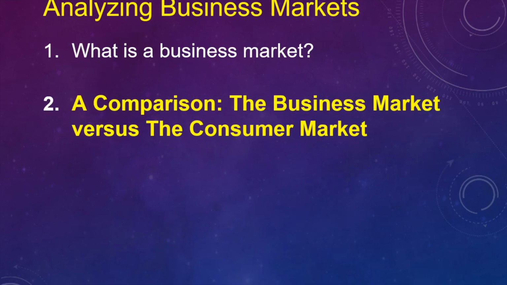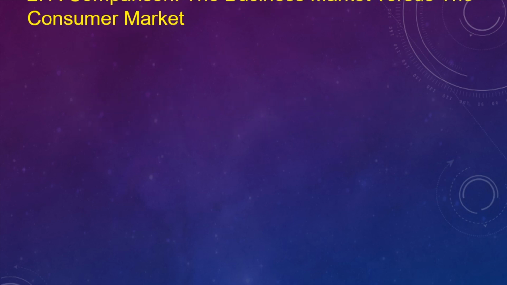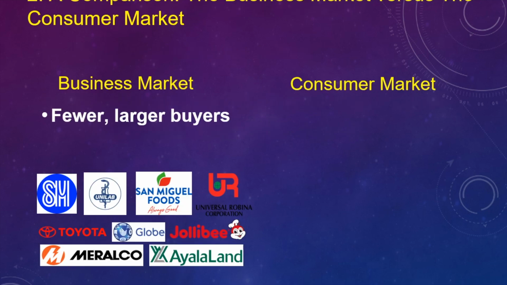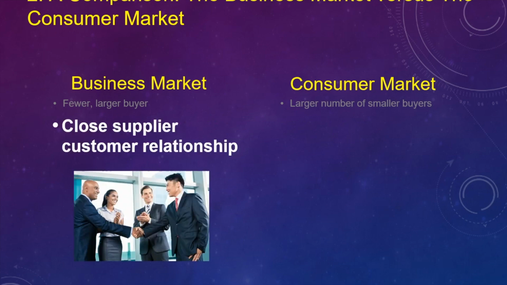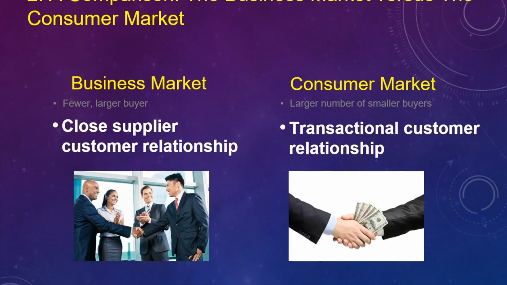Moving on, what are the differences between the business market and the consumer market? First, the business market has fewer but larger buyers like companies and corporations, while the consumer market has a higher number of smaller buyers. Next, the business market has closer supplier relationships, while the consumer market normally has transactional customer relationships.